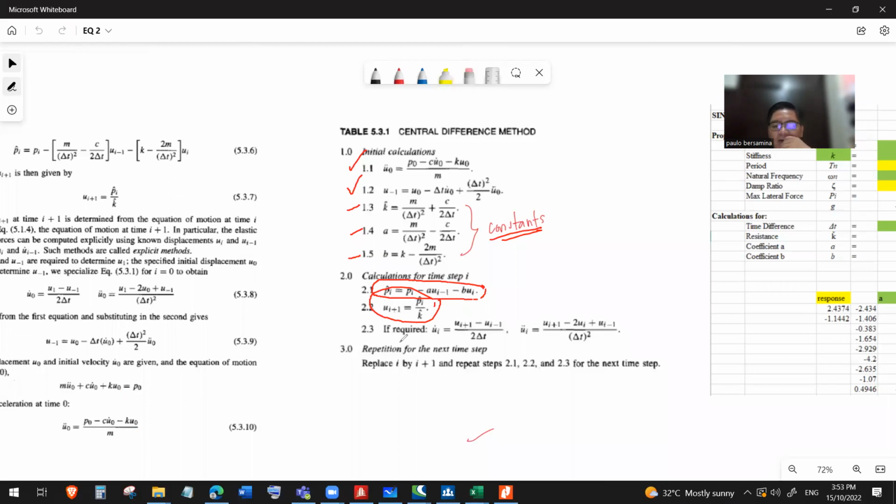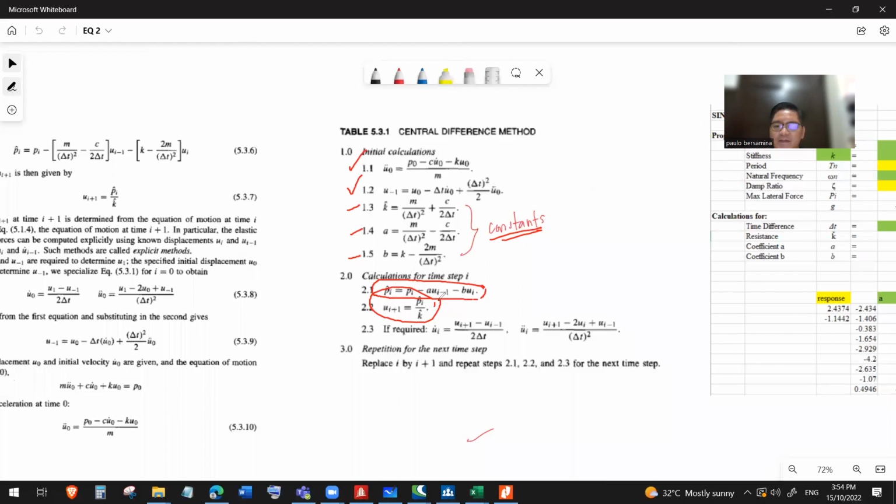Okay. So that means ang nagdidictate ng displacement or response, no, is the p hat, because dependent siya sa p i, which is basically the force, no. Force is yung from the ground motion times the mass of the system.